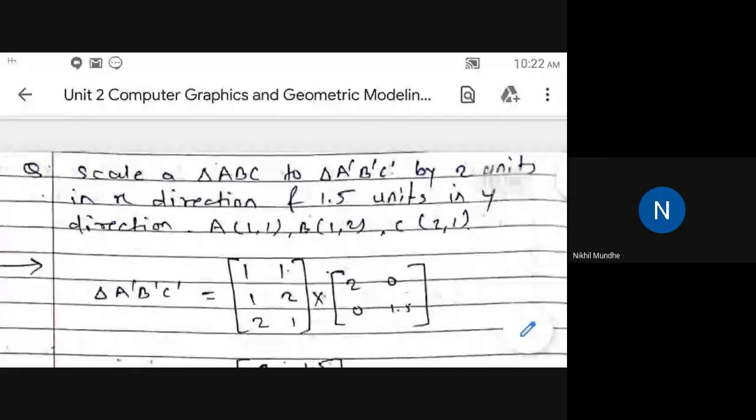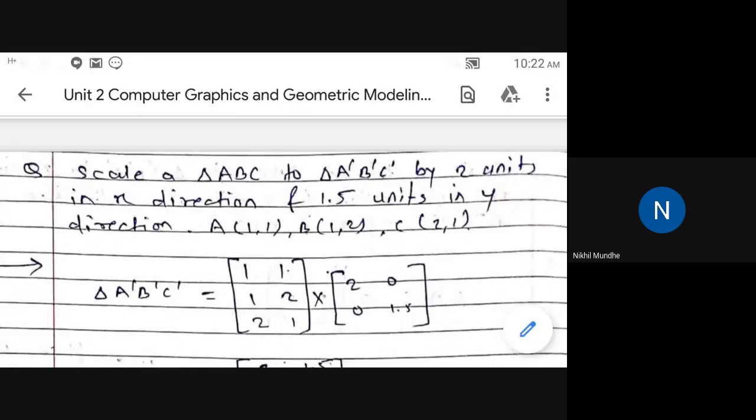For multiplication, I will give a very simple trick. For the multiplication of the first matrix and second matrix, multiply the first column into the first row, then the second column, second row. This is a very simple matrix.